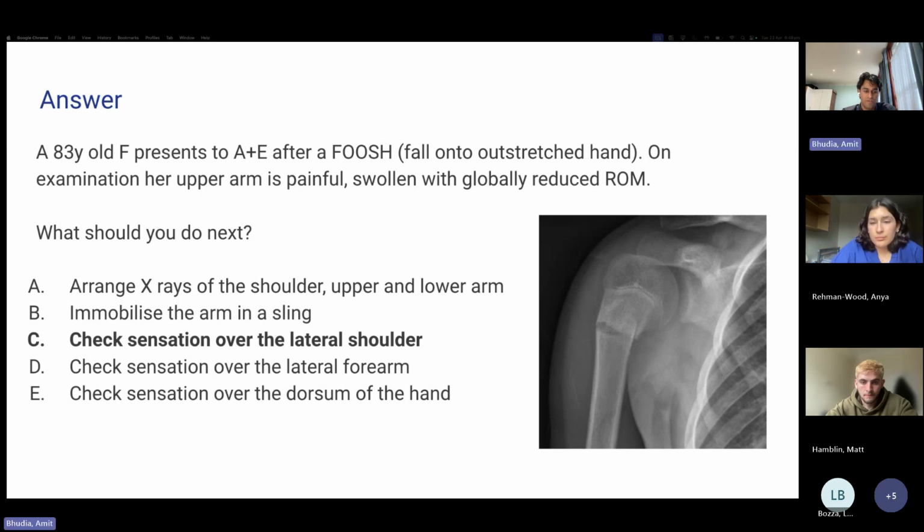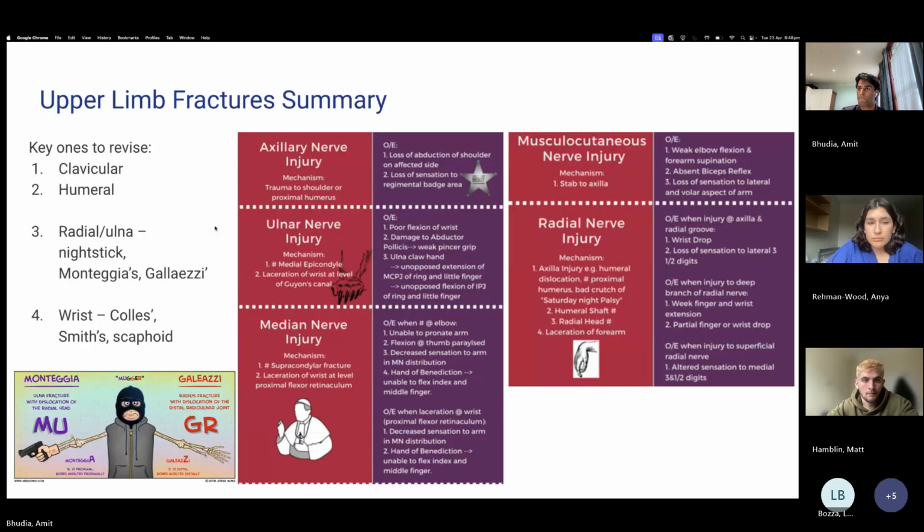And then in terms of the management for this, it would generally be a sling to stop them moving their arm about. And if it's complex, or as bad as it is in this picture, complete, then you would consider surgery, or they'd need surgery. And then risk factors for this are generally osteoporosis, diabetes, and being female for some reason.